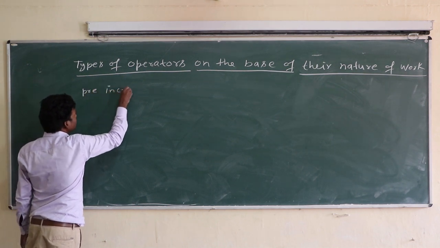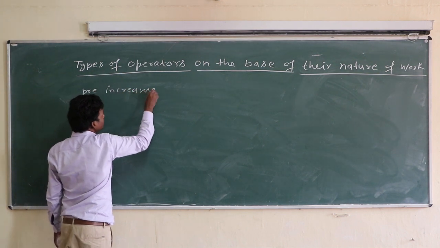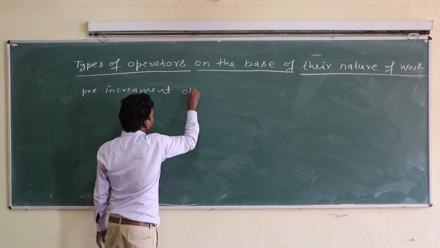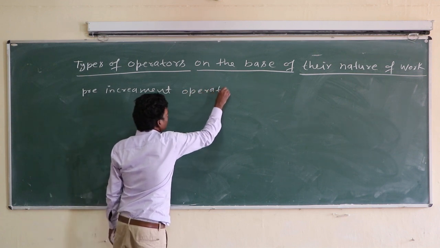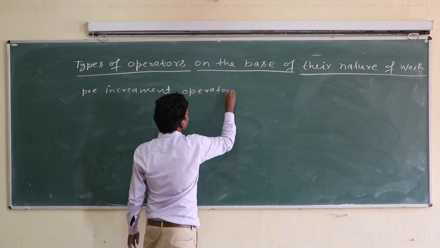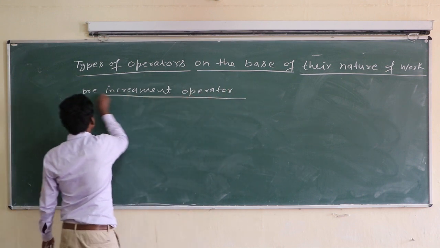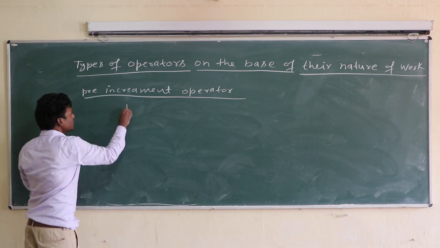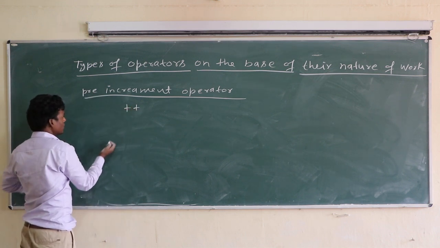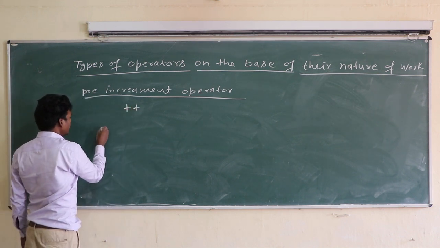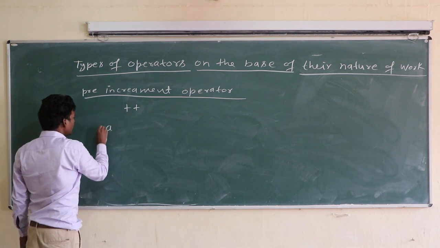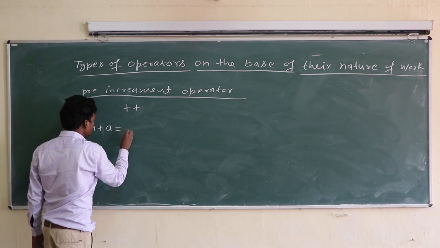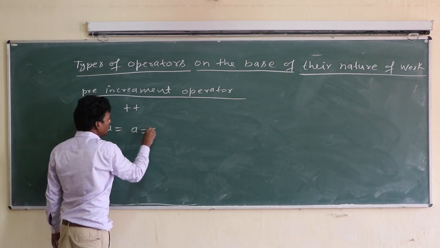Pre-increment operator. The pre-increment operator example is plus plus, and we can write it as plus plus A equal to A plus 1.